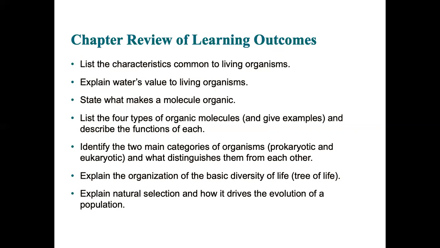Two major categories of organisms: prokaryotes and eukaryotes. Membrane-bound organelles versus not is the best way to separate them. The tree of life is organized based on following patterns of evolution, and natural selection, being more fit and being able to reproduce, is what drives that evolution. Okay, that's the end of chapter 2.